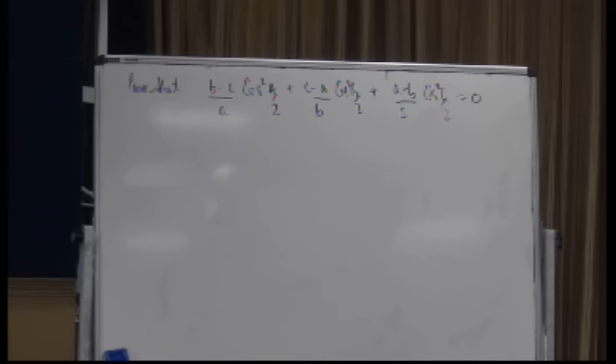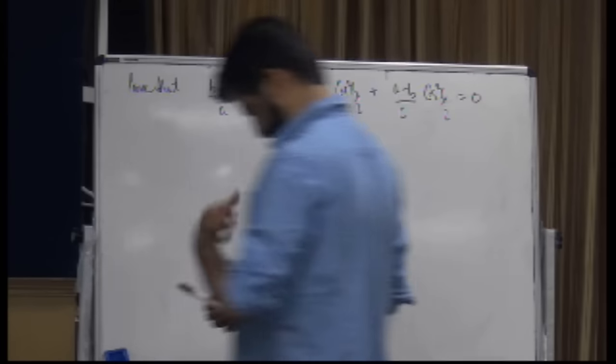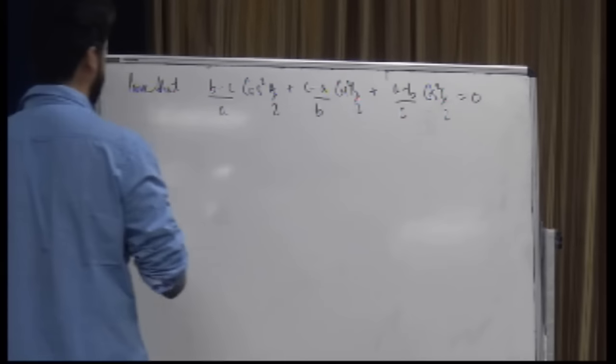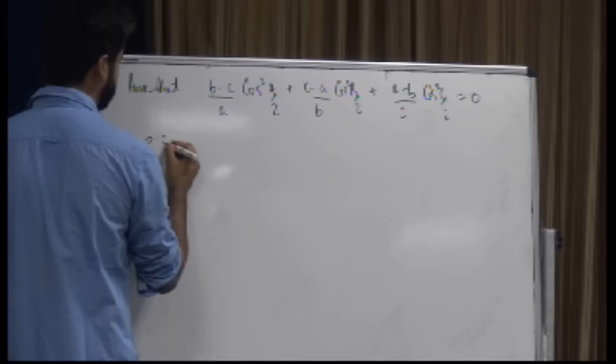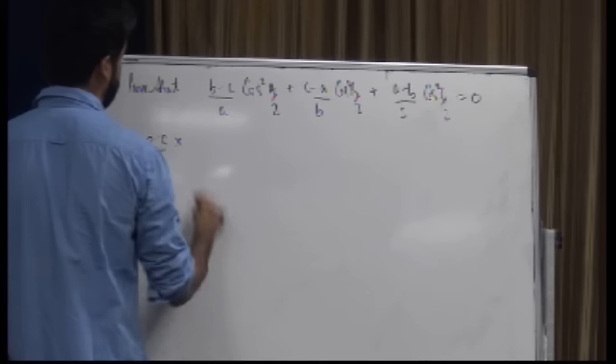Are you okay? Taking the LCM ABC, we get 0 upon ABC. So B minus C upon A into cos square A by 2.